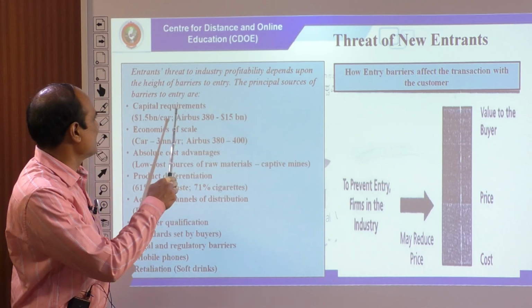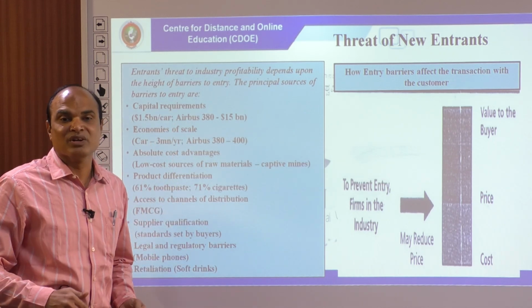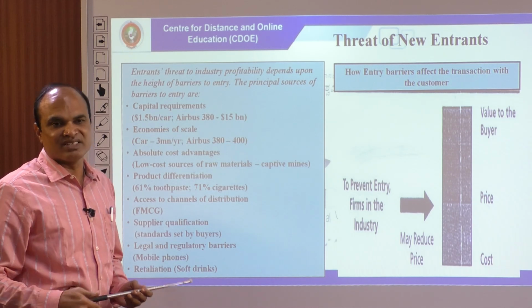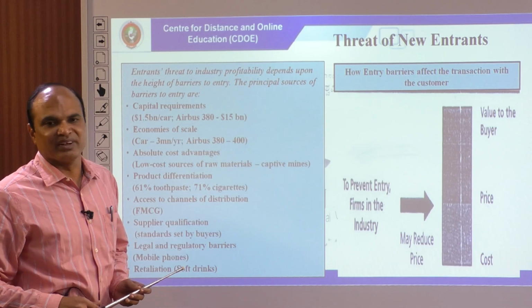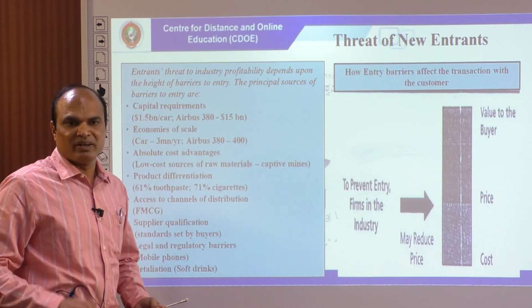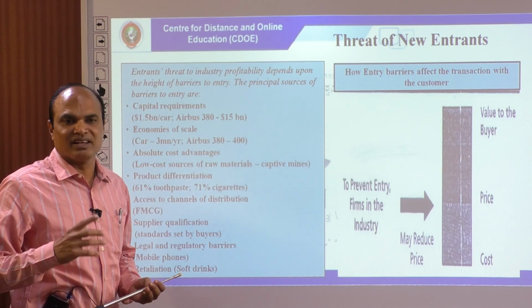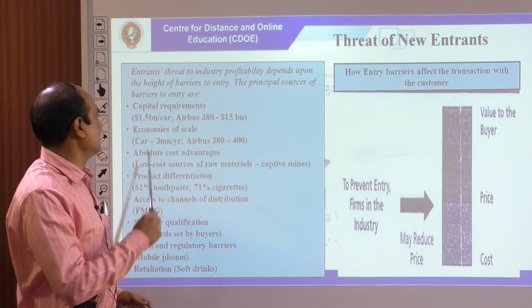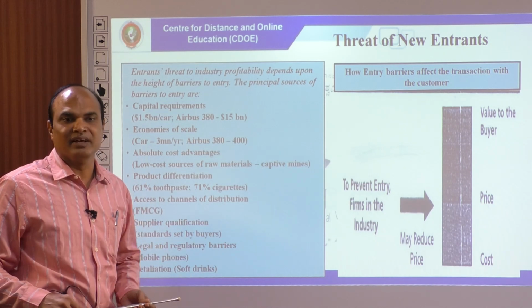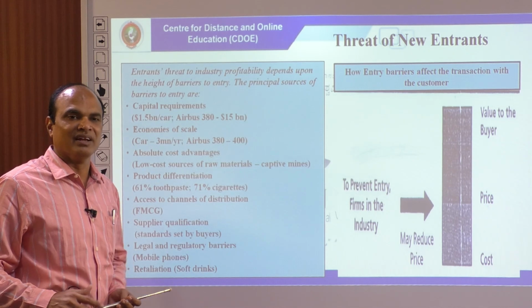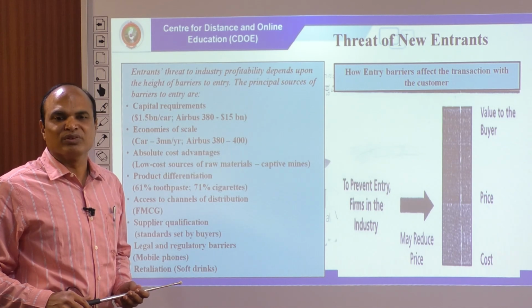Let us understand how capital requirements limit or stop new entrants coming into a particular market. For example, to develop a globally accredited, certified car, a company has to spend nearly $1.5 billion, and it takes anywhere between 2.5 to 3.5 years.